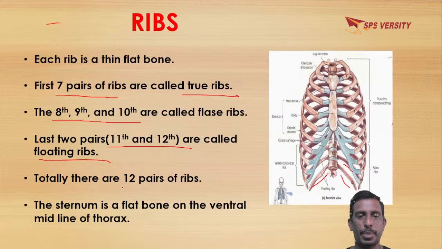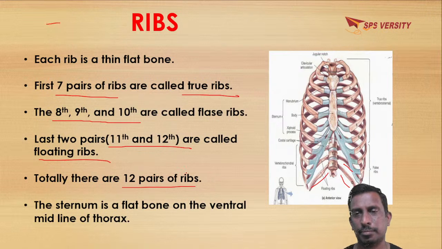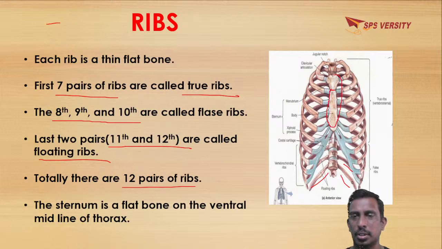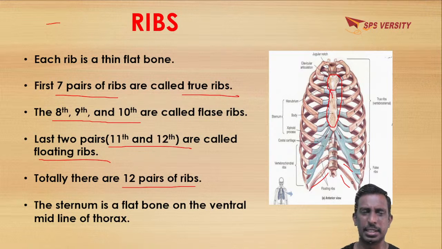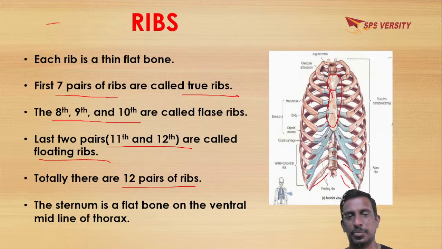There are 12 pairs of ribs. On the ventral side there is the sternum, a triangular shaped bone to which the ribs are attached. On the back, that is the dorsal side, there is the vertebral column.